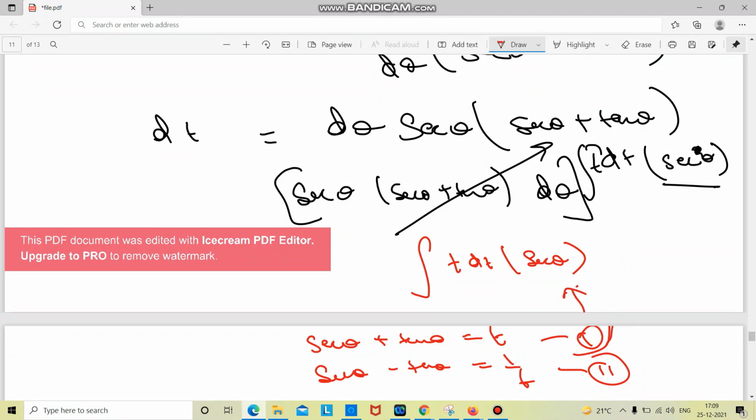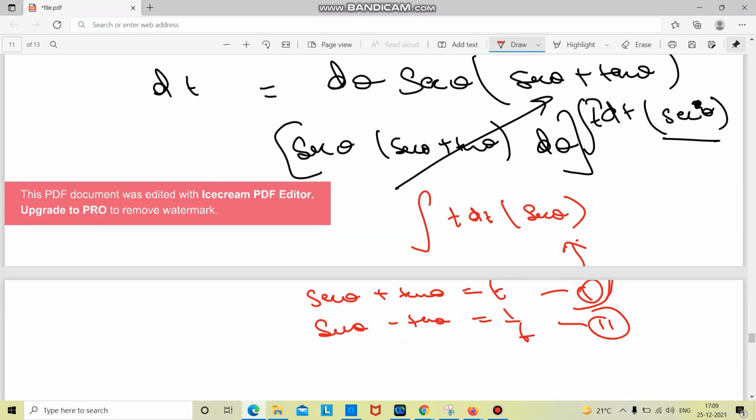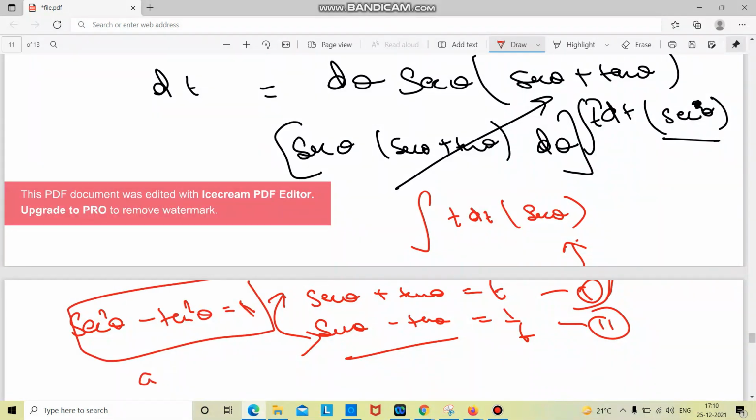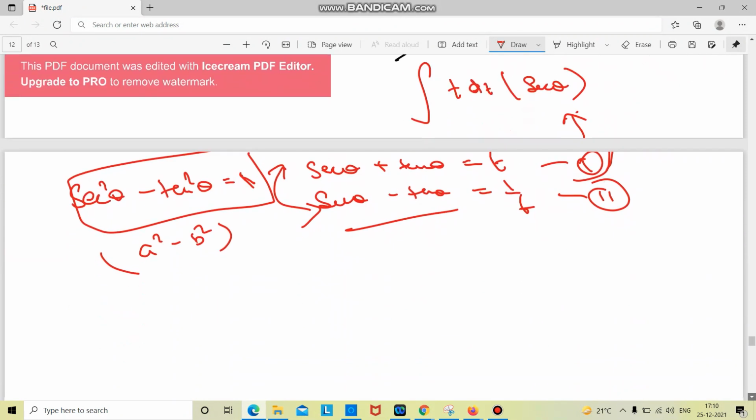So now you can easily get the value of sec theta from here and substitute to get the answer. How do we come to know that sec theta minus tan theta is 1 by t? From this identity, sec square theta minus tan square theta is 1. You will apply the a square minus b square formula and you will get the result. So let's proceed to the next question.